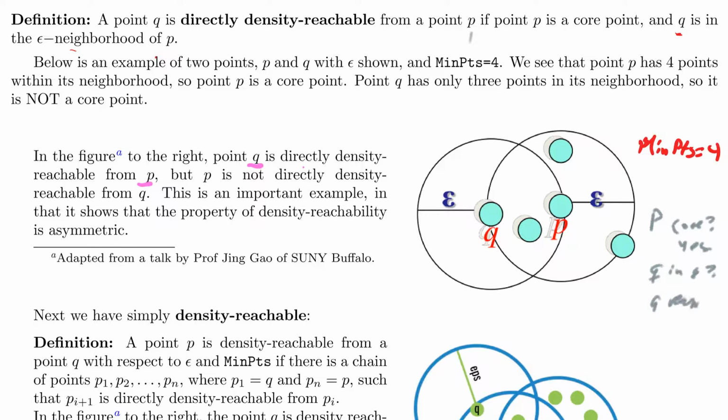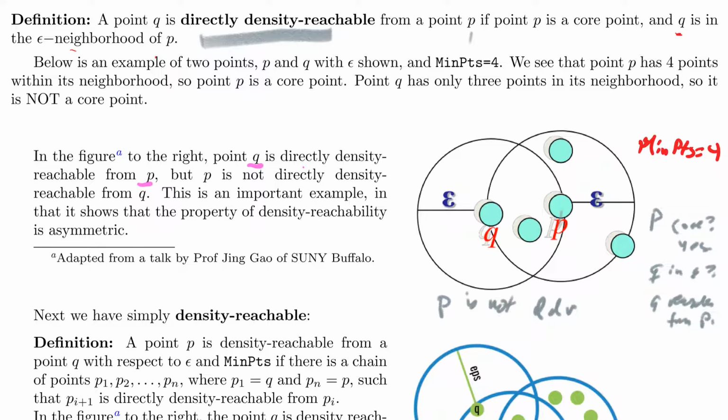Q is reachable from P. Now let's reverse that. Is P directly reachable from Q? Is Q a core point? No, stop. Therefore, P is not directly density reachable from Q. I'm abbreviating that as DDR, directly density reachable.